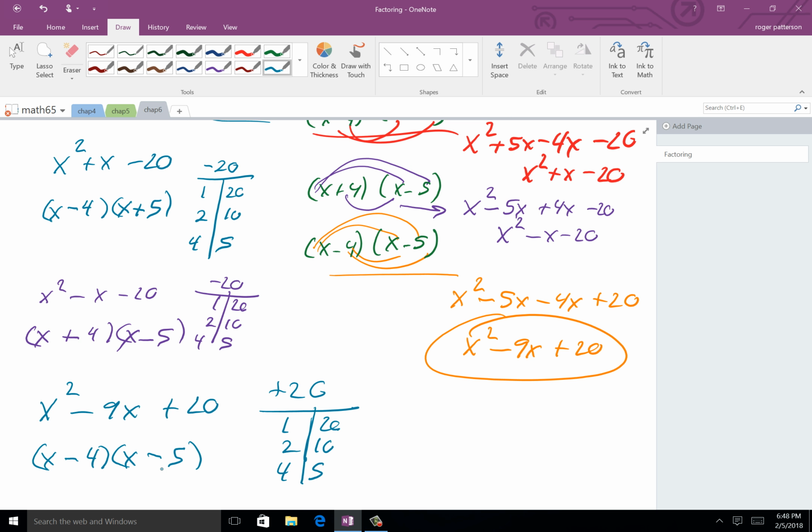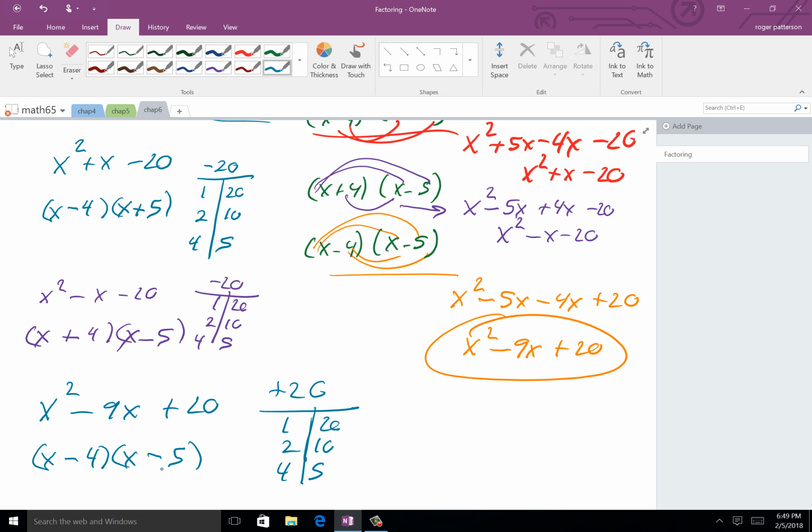But you have to write it in this x squared, x, number form, that decreasing order. Remember I said something about that when you were forming things? This is why. If we don't have it in this order, then we have to jumble it to get it to work. So always write it in decreasing order.